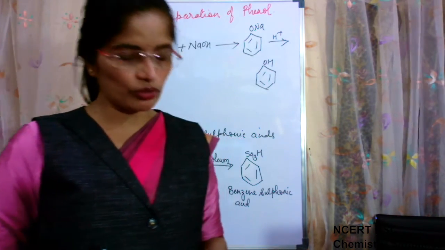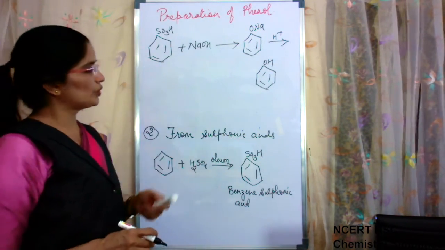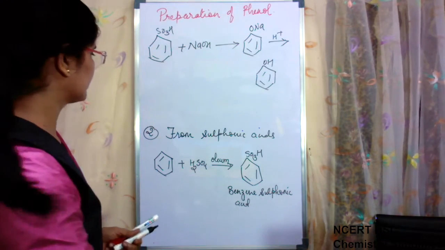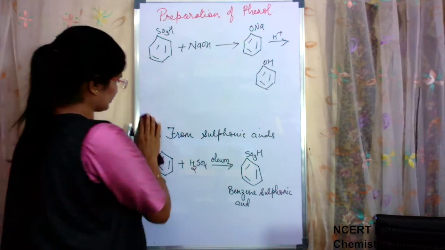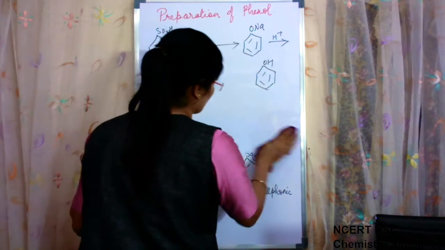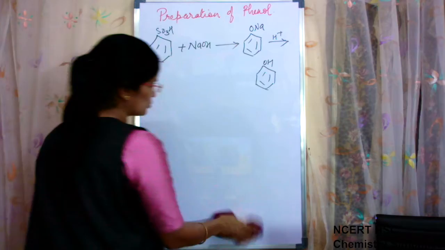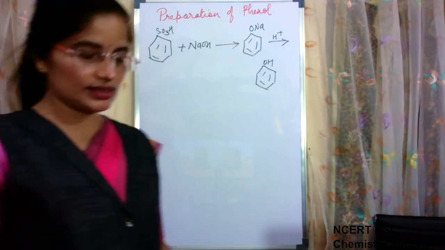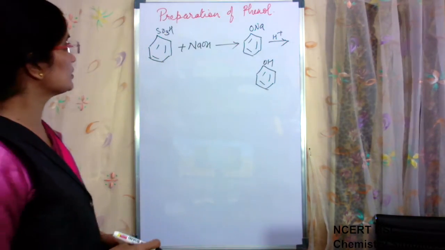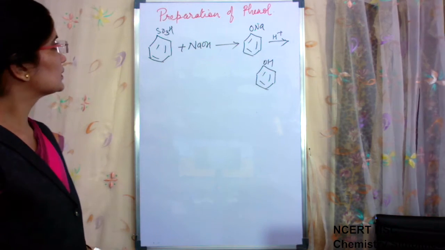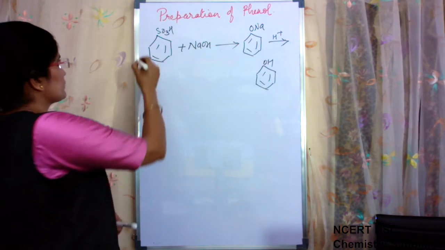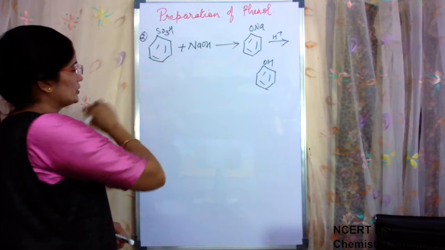From benzene sulfonic acids, phenols can be formed. The conversion of benzene to benzene sulfonic acid is an electrophilic substitution reaction.